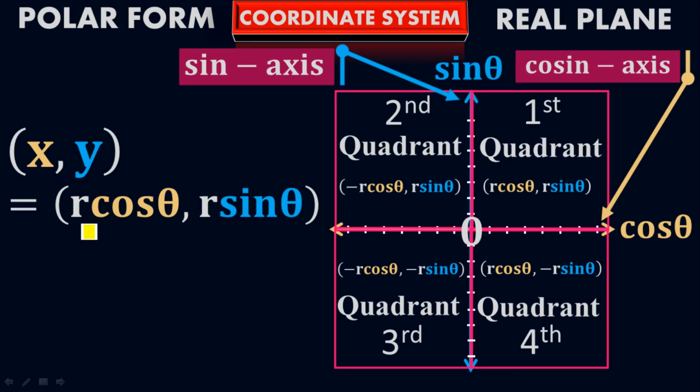Here in the polar form we have r cos theta. r is the radius of the circle from the center up to the border, because we are dealing with the angle. Similarly, in the Cartesian coordinate system for the real xy plane, the second quantity was my y. But here in the polar form for the real plane we have r sin theta. So for the x we have r cos theta, comma, for the y we have r sin theta. This is the difference between the real plane for the Cartesian coordinate system and the real plane for the polar coordinate system.